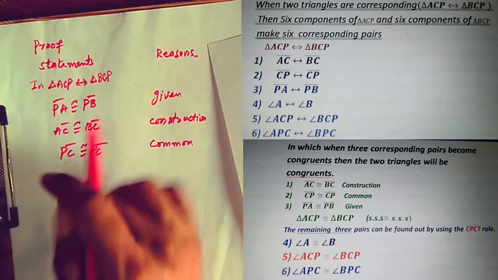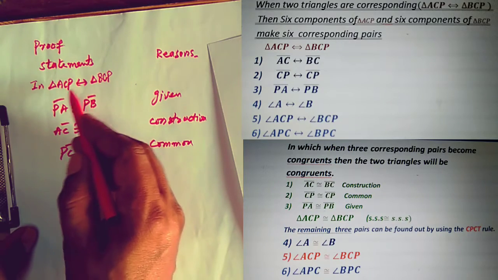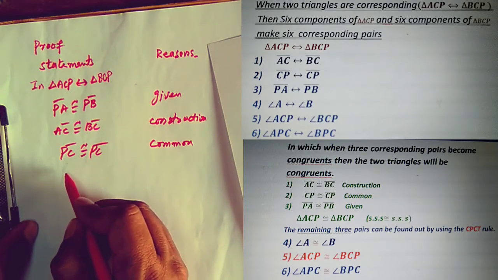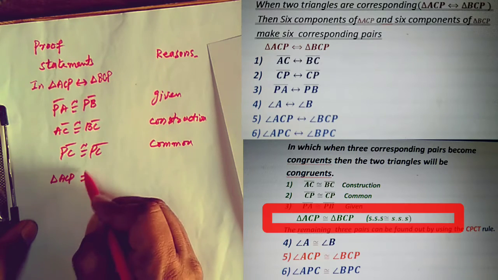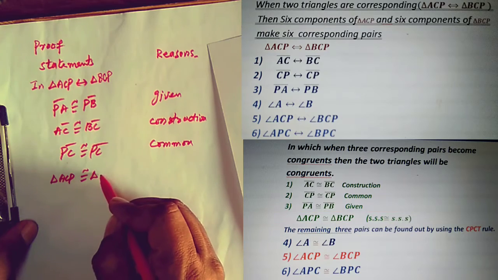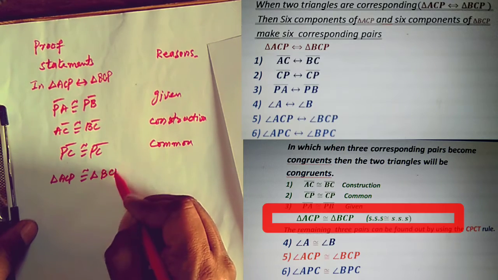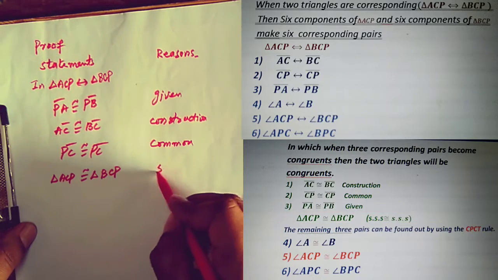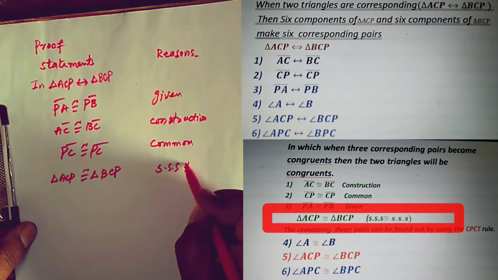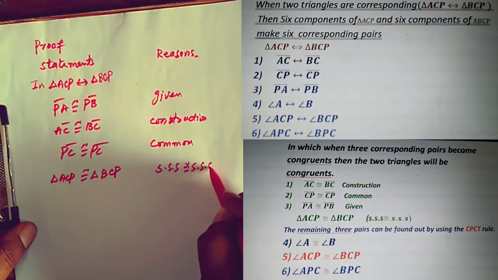With the help of these 3 pairs, we make the two corresponding triangles congruent. So triangle ACP is congruent to triangle BCP by the side, side, side postulate.